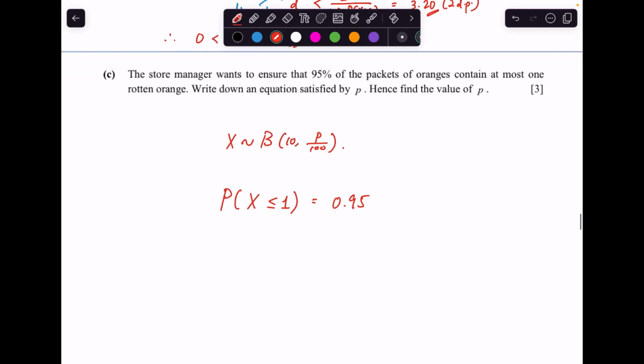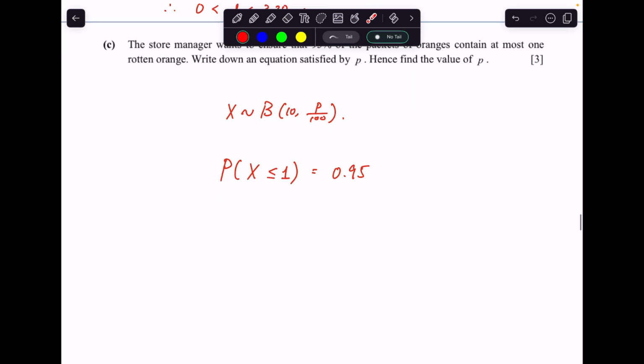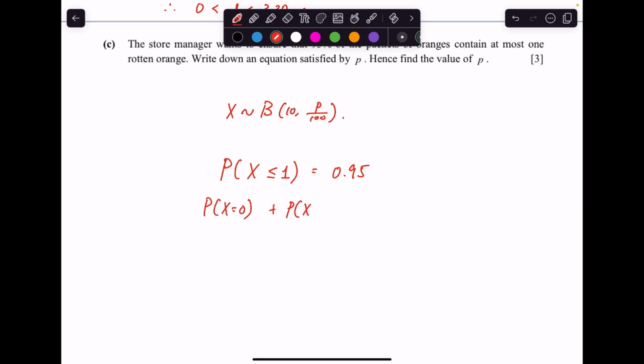Okay, so now I have the probability of X less than or equal to 1. Well, I can just write it as the probability of X equals 0 plus the probability of X equals 1. This is equal to 0.95.